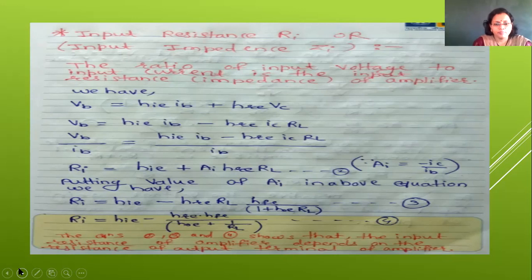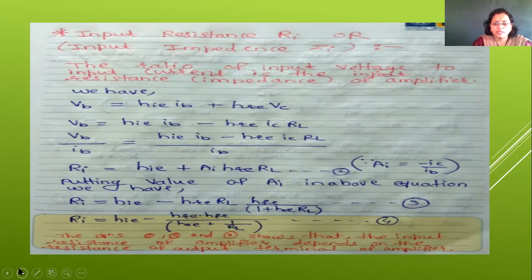We divided both sides by IB. Since AI is equal to minus IC upon IB, we get RI is equal to HIE plus AI into HRE into RL. This is equation number 2.